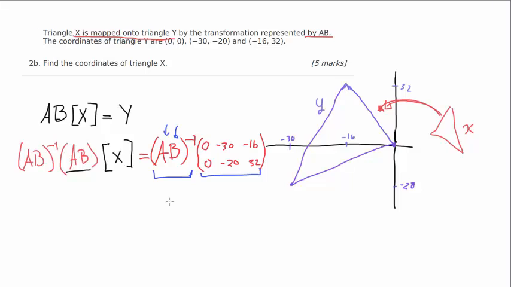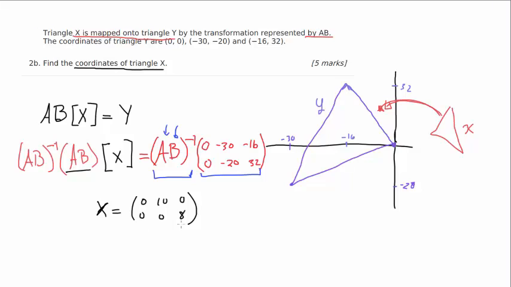And I did that for you, so we find that matrix X is equal to the points 0, 0, 10, 0, and 0, 8. And so there we've found the coordinates, but we are not done quite yet, because the problem says, what are the coordinates of the triangle?